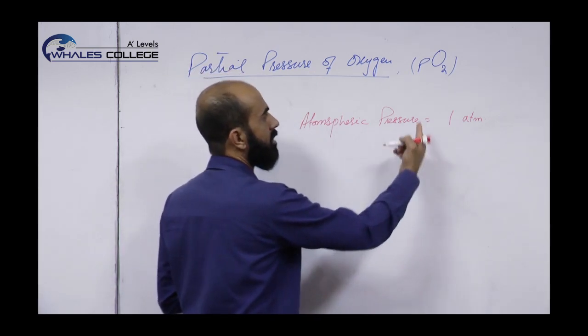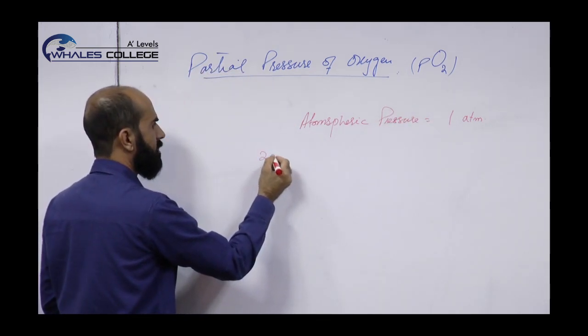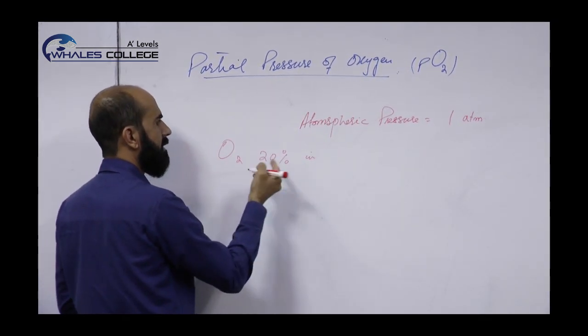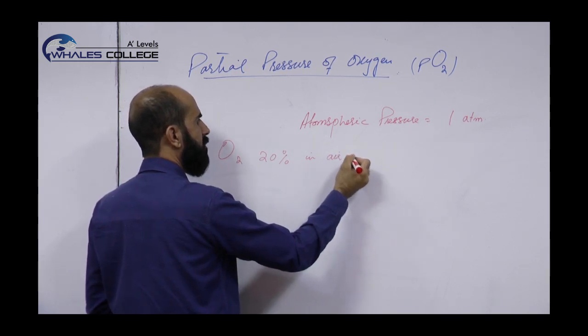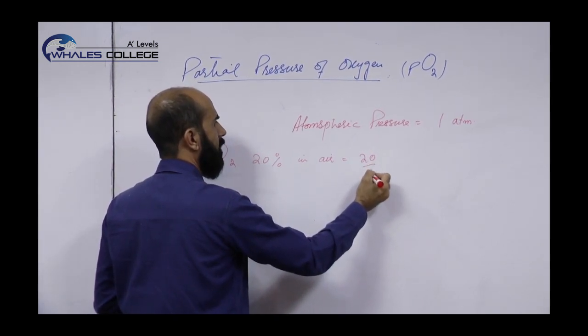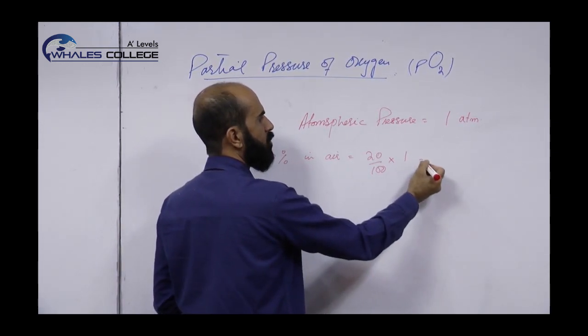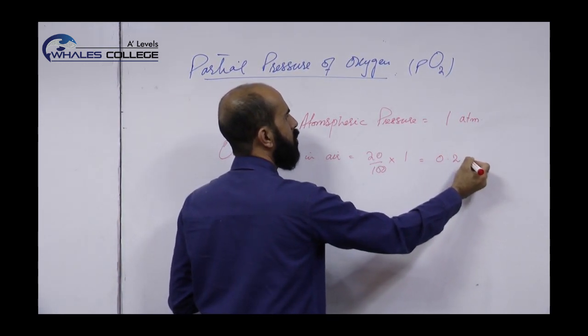20% oxygen. So how much contribution of oxygen in 1 atm? If oxygen is 20% in air, it means 20 upon 100. So what will be its contribution in 1 atmospheric pressure? That should be equal to 0.2 atm.